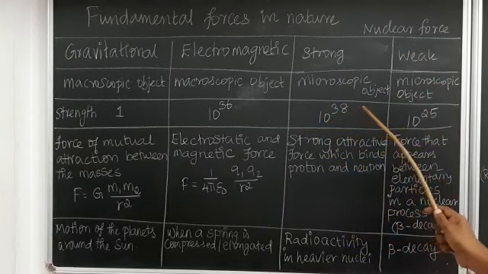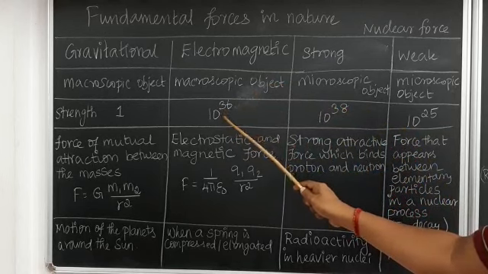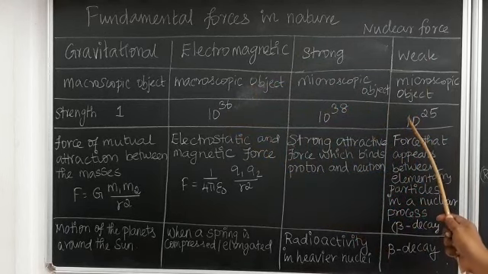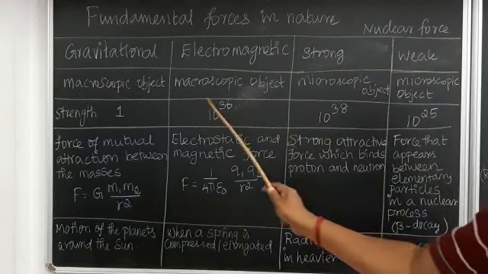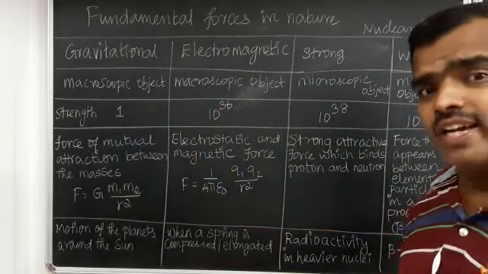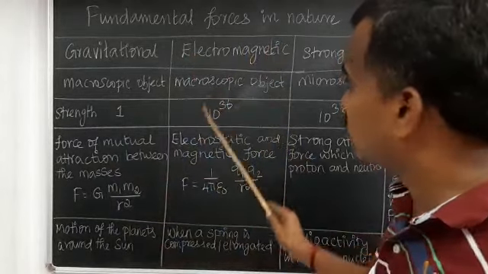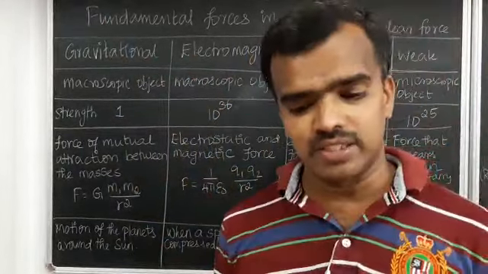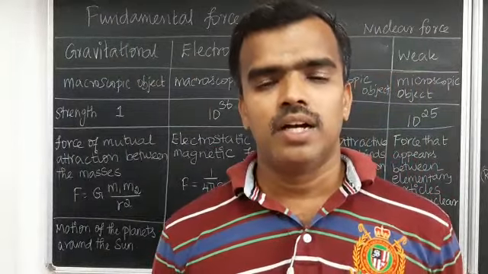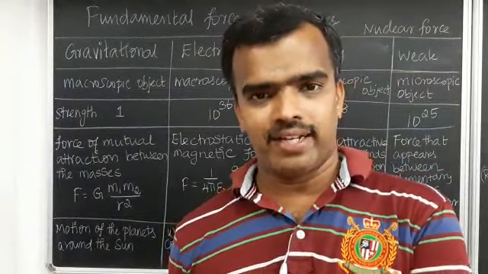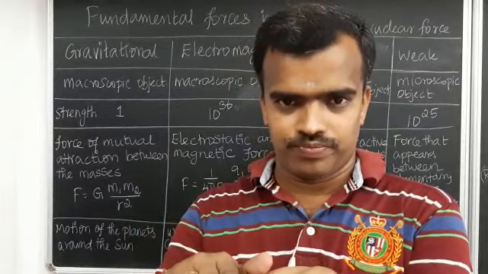So when compared, electromagnetic force is much greater than weak nuclear force but less than strong nuclear force, but it is greater than gravitational force. How can you say that electromagnetic force is greater than gravitational force? Suppose you take any bar magnet, and there is a piece of iron which is laid on the floor, right?